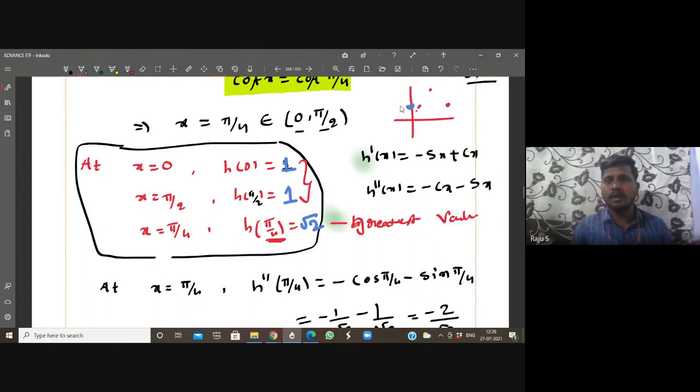Here it is 1, here it is root 2. This is at 0, this is at 90, this is at pi by 4. At pi by 4 it is root 2. At 0 it is 1, at 90 also it is 1. So the minimum value is 1, the maximum value is root 2. That's it.